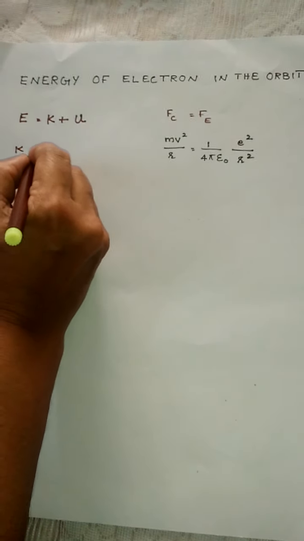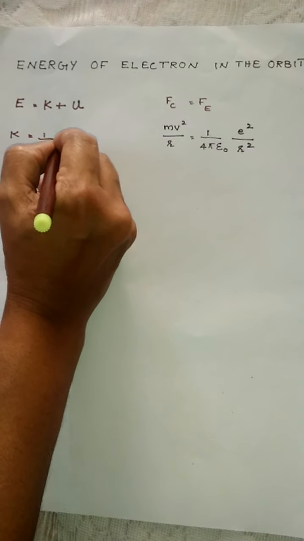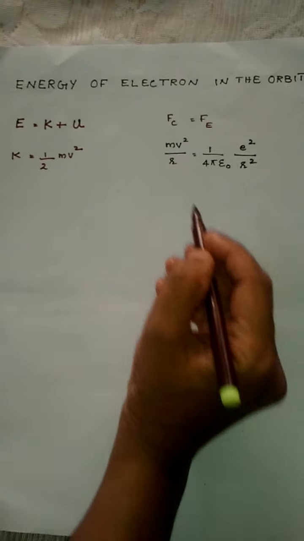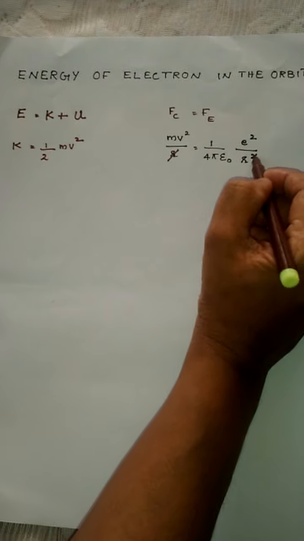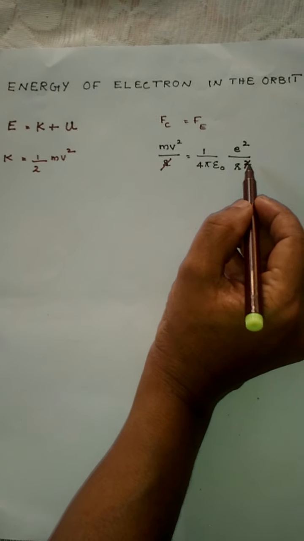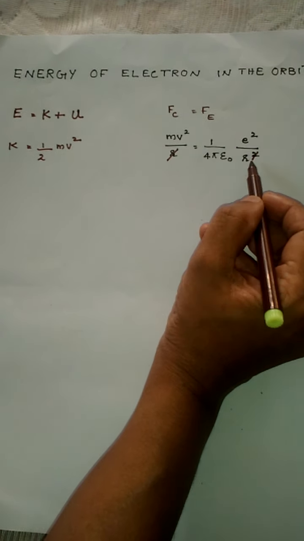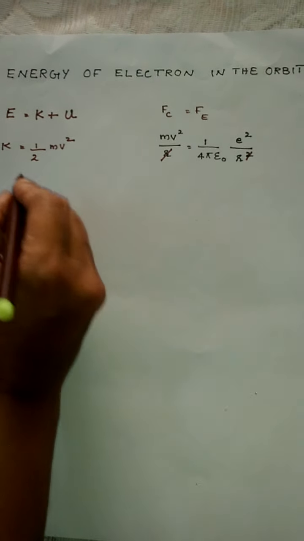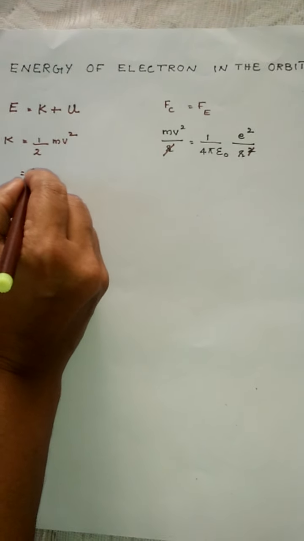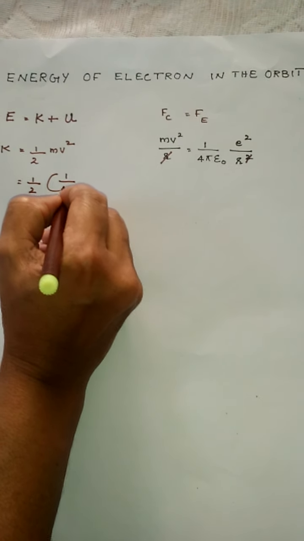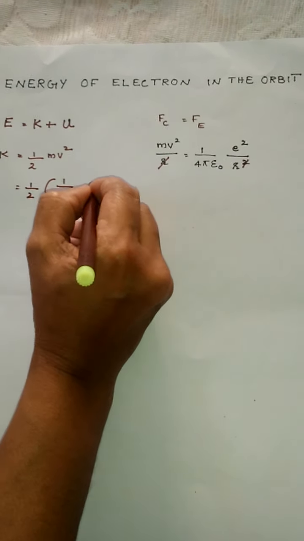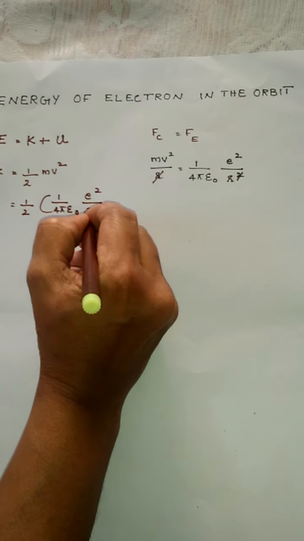As we know, the kinetic energy is half mv square. From this equation, we can find the value of mv square. r you can cancel. So mv square is 1 by 4 pi epsilon 0 into e square by r. So half mv square is half into 1 by 4 pi epsilon 0 e square by r.